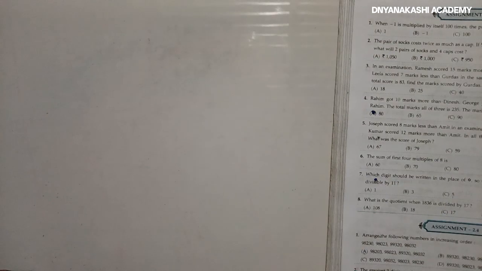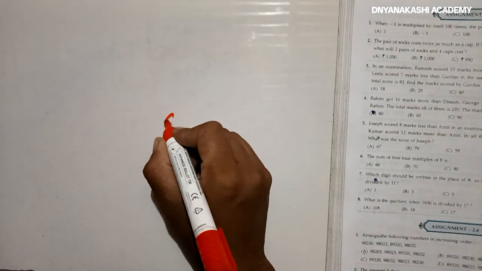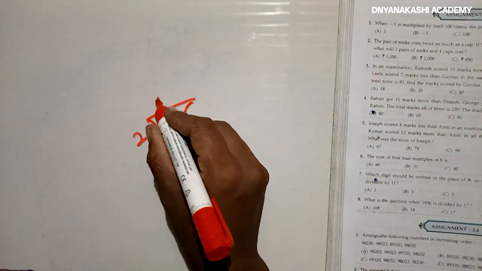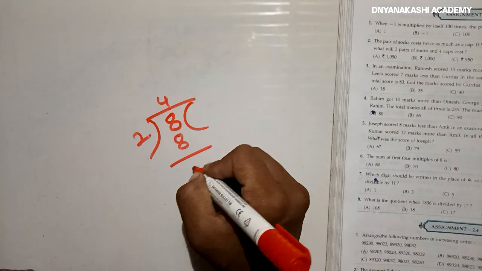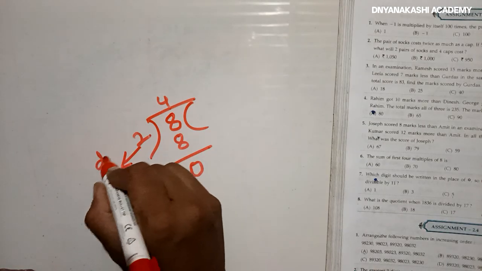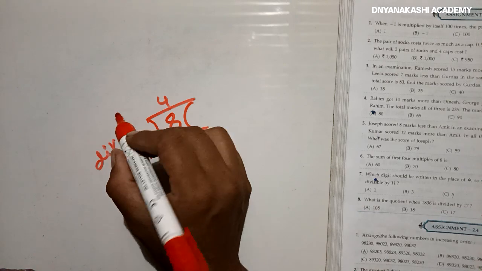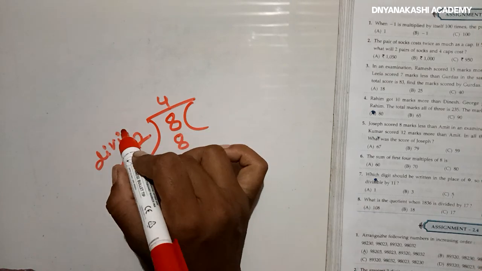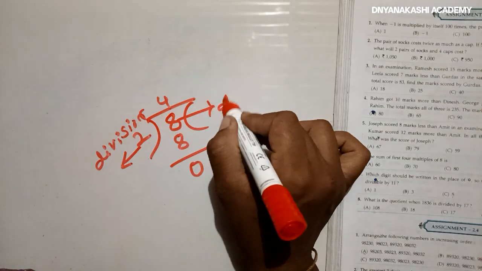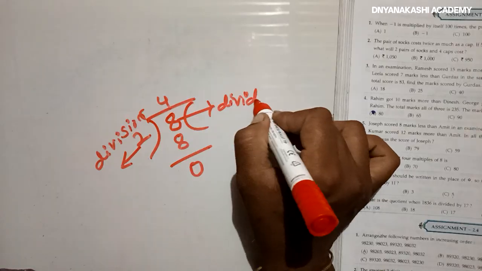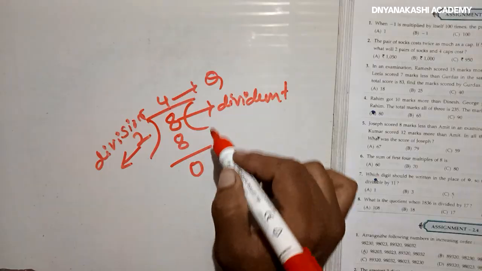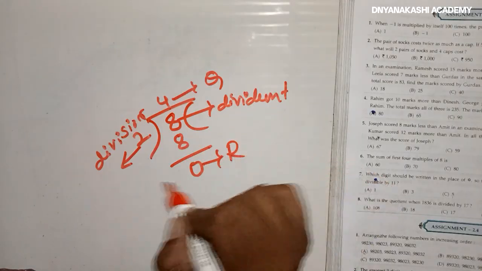Suppose I divide 8 by 2. 2 fours are 8. Remainder is 0. 2 we call the divisor. 8 we call the dividend. 4 we call the quotient and 0 we call the remainder.